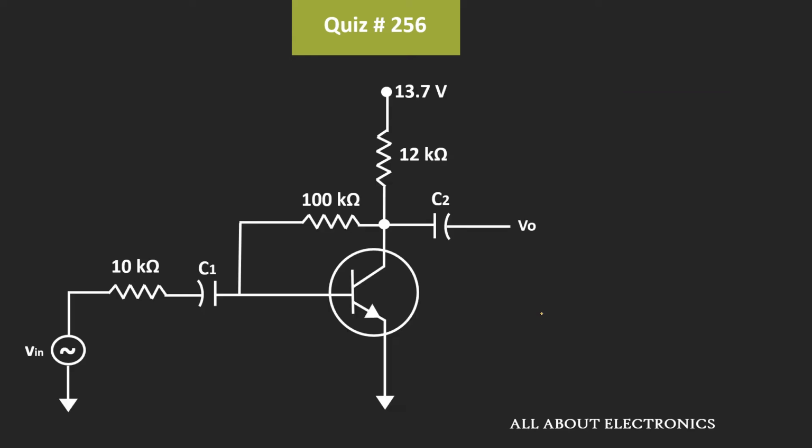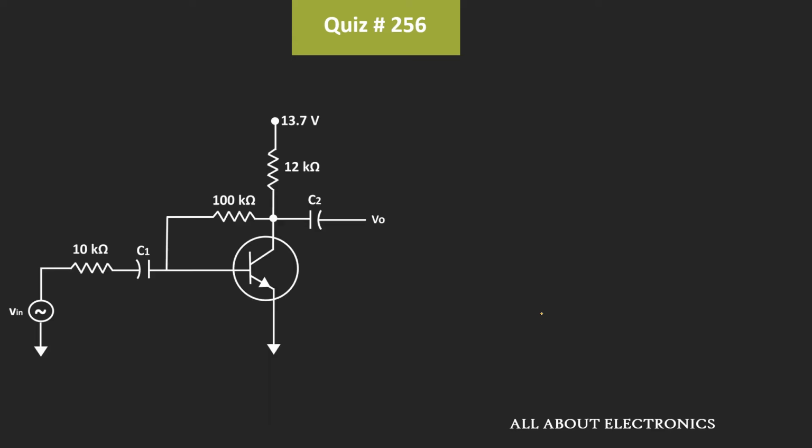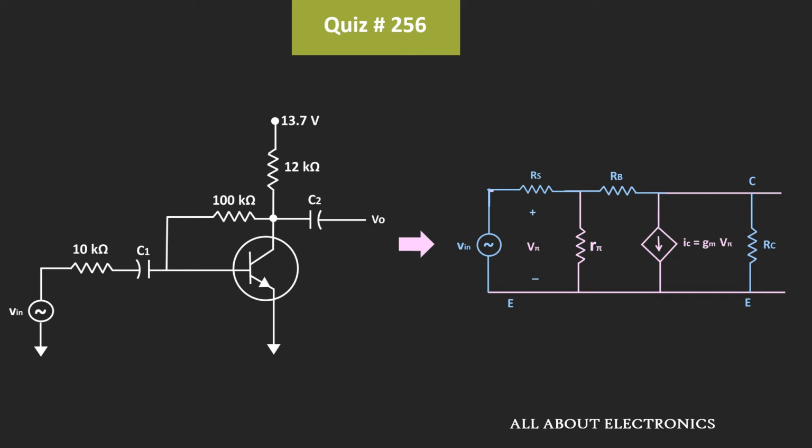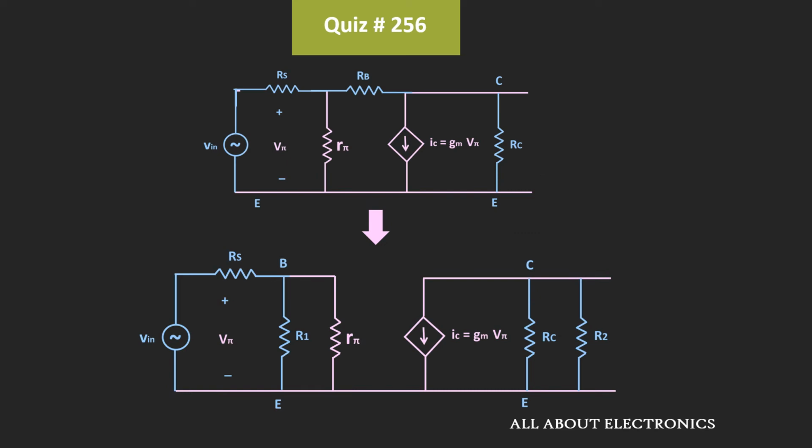For the AC analysis, we will assume all the DC sources in the circuit as 0 and these coupling capacitors will act as a short circuit. If we draw the small signal model, it can be drawn like this. Here this RS is equal to 10 kilo ohm while the RB and RC are 100 kilo ohm and 12 kilo ohm respectively. Now using Miller's theorem, we can convert this resistor RB into two resistors.